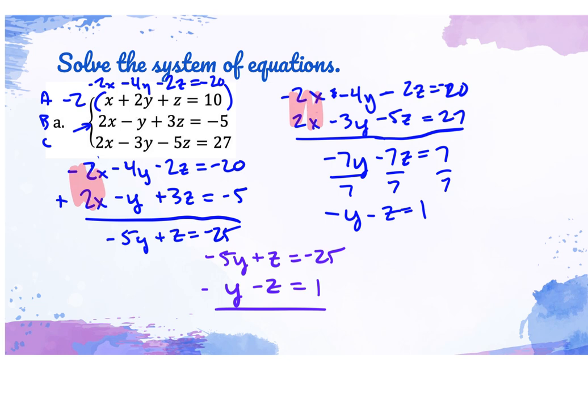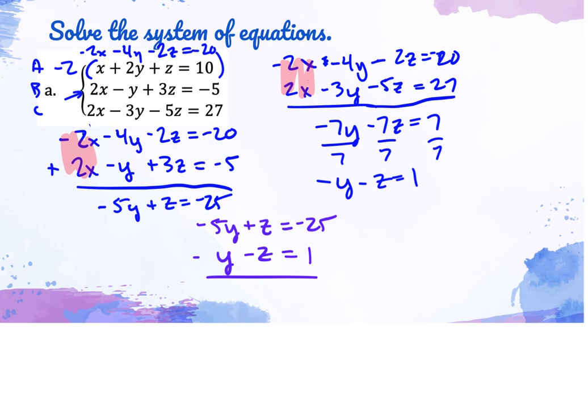I can do either substitution or elimination, whichever one's your preference. I'm looking at this plus z, minus z, and elimination makes a lot of sense to me. So negative 6y equals negative 24.